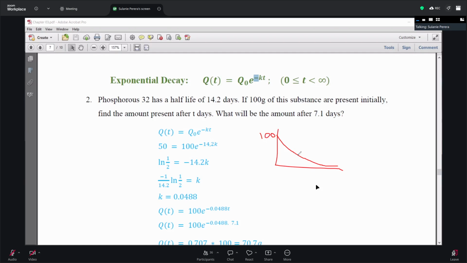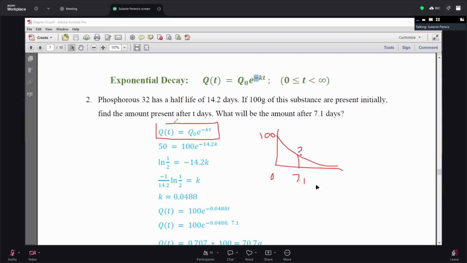What will be the amount after 7.1 days? So, just like before, write the equation. Qt equals Q naught e to the minus kt. Why do we put a minus sign? Because it's a decaying function.